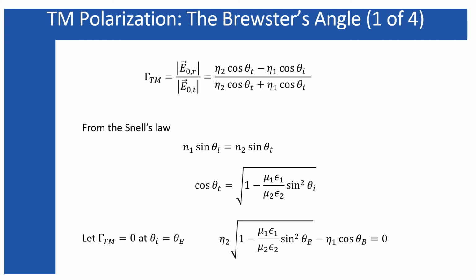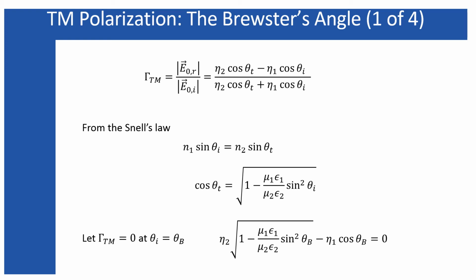Now, another interesting thing which is associated with this TM polarization is the Brewster's angle. The Brewster's angle is the angle at which no reflection takes place. So it is amazing because we know when a wave is incident on a particular interface, some energy must be reflected back, and even if the angle is greater than a particular angle when the incident wave is coming from the denser medium, total internal reflection takes place.